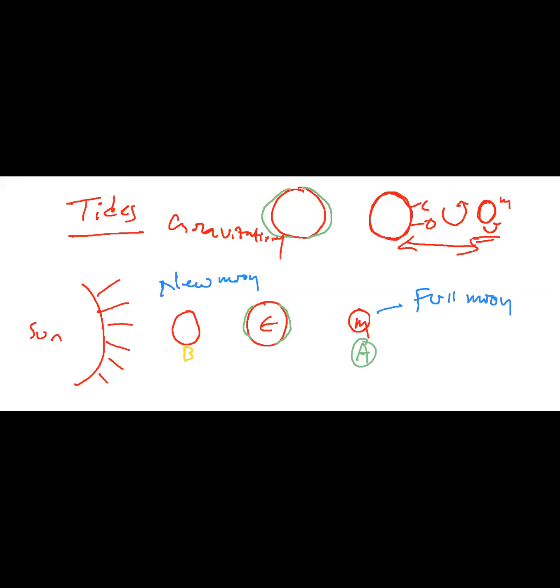New moon means the moon comes between the sun and the Earth, so you can't see the moon. Full moon means that the Earth comes between the moon and the sun. During these two positions, there will be a heavy impact of the moon on the waters.